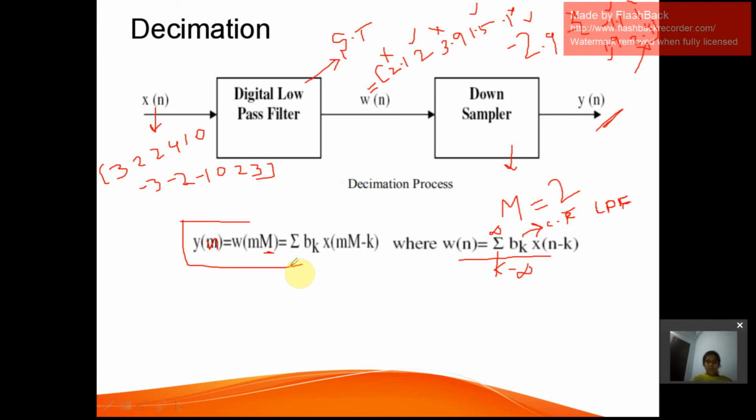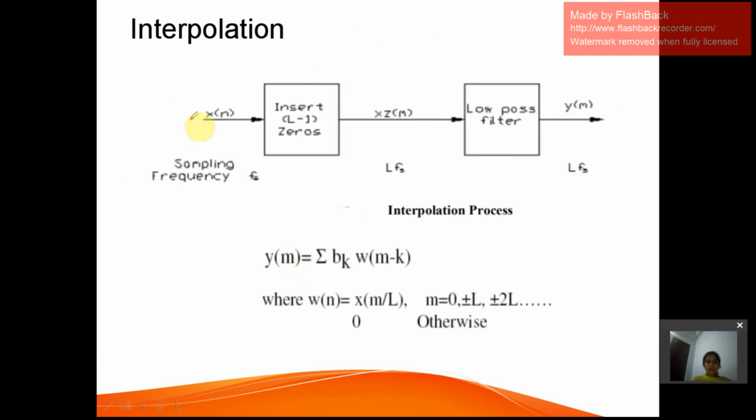Now coming to interpolation, as I said, interpolation is nothing but increasing the sampling rate. How do we increase the sampling rate? If the number of samples in a sequence is very less, for example 3, and you want to increase the sampling rate, you just insert zeros.